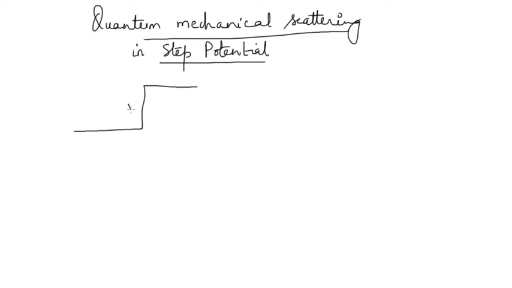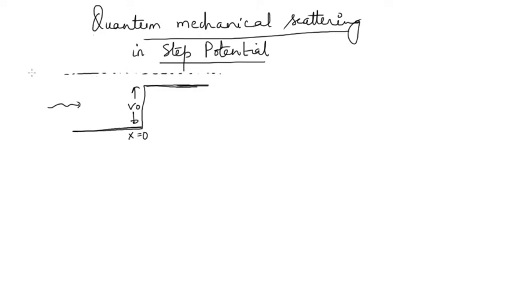So this is my potential barrier V naught, and here this is at x is equal to 0. When x is less than 0, the potential is 0. When x is greater than 0, the potential is constant V naught. Okay, and so there may be two cases that the particle which is coming, it has energy here.